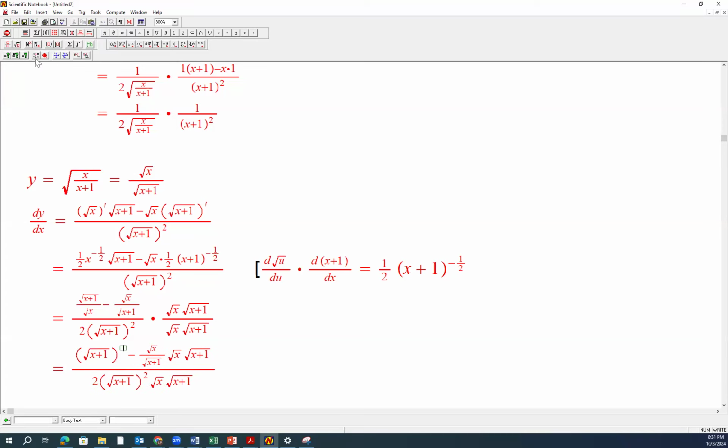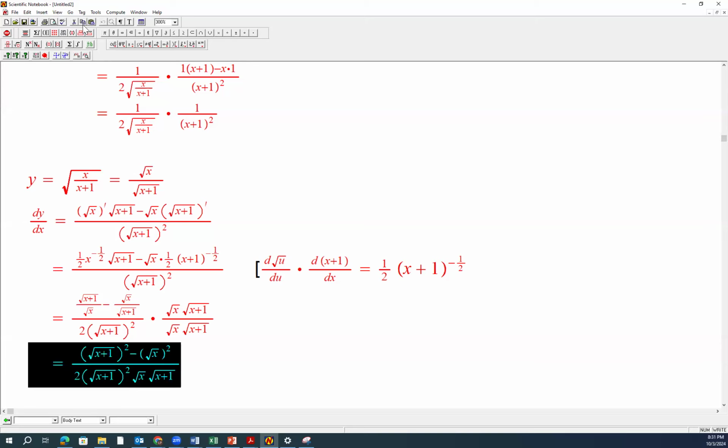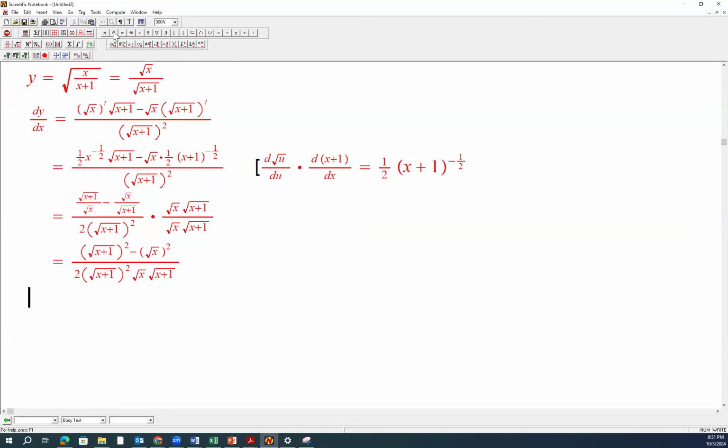Isn't that nice? I like it. We went through some hardship and realized we get something really simple. So we get root x squared on this side, and this gets more interesting. This is x plus 1, and this is x. Finally, that's just 1.